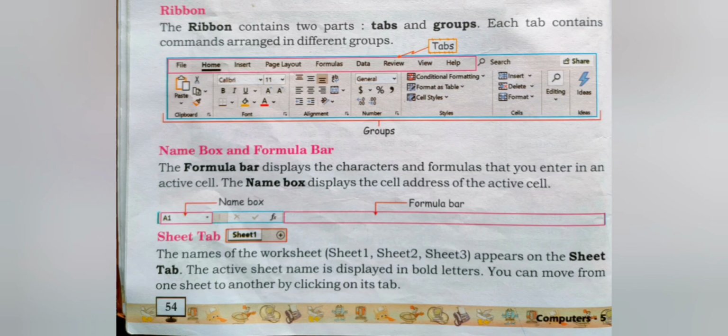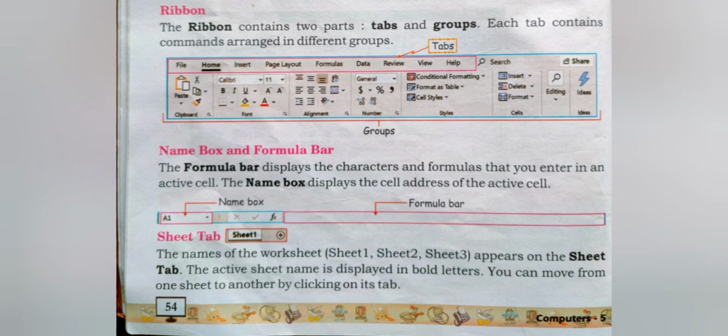Next comes the sheet tab. You can see in the picture the sheet, then a plus sign is given in the image. The names of the worksheets, Sheet 1, Sheet 2, Sheet 3, appear on the sheet tab.